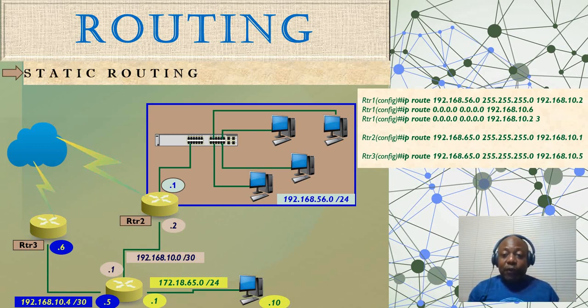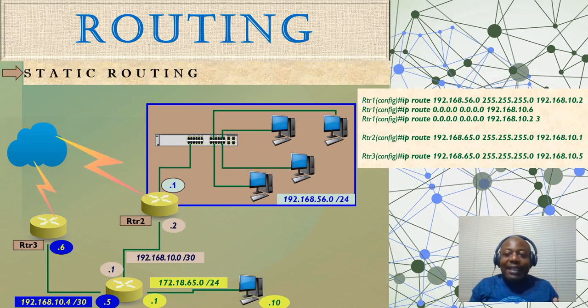In router 1, for example, we'll say IP route 192.168.56.0 with the mask 255.255.255.0. The next hop is router 2, and the IP address of that interface is 192.168.10.2.